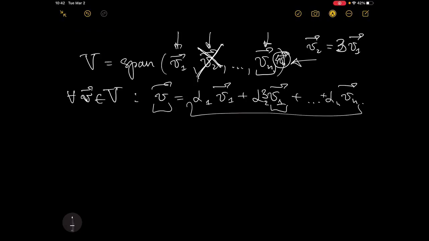So from the other point of view, all bases, we have proven, have the same number of vectors, which we call the dimension of the vector space. So essentially, the idea is the following: a span can have whatever number of vectors, which is more than or equal to the number of vectors in the basis, right?